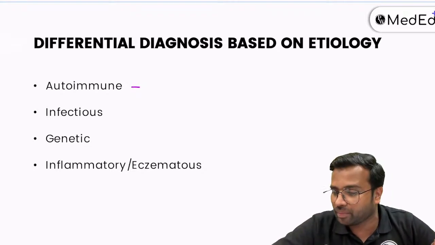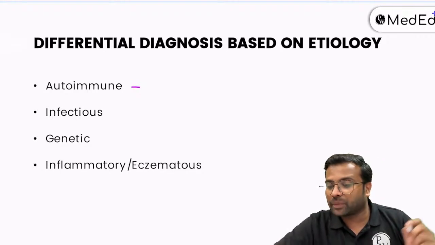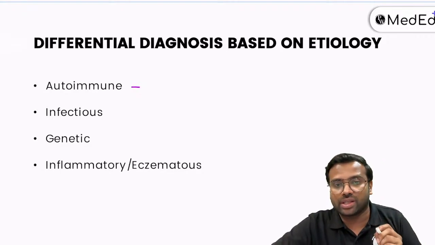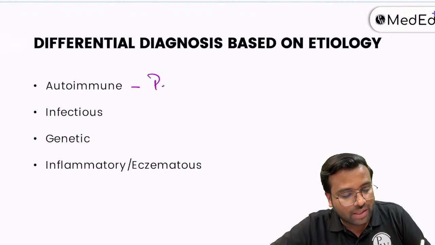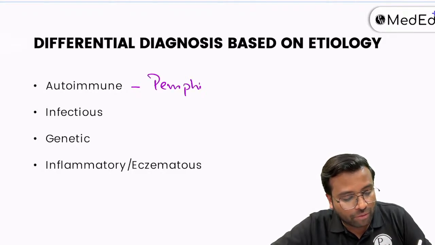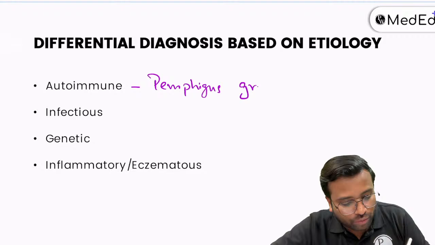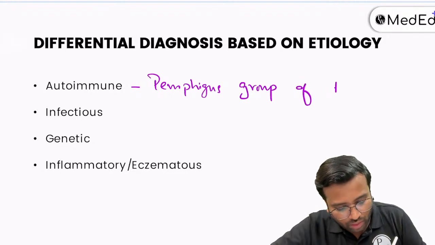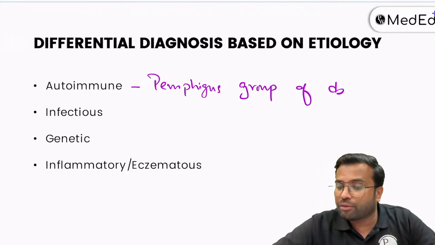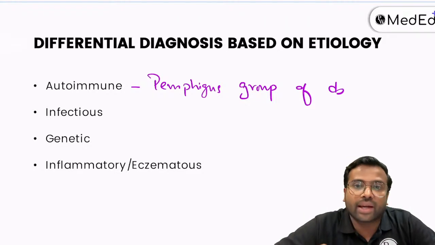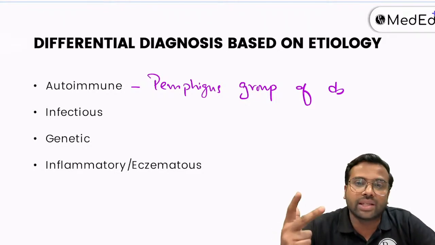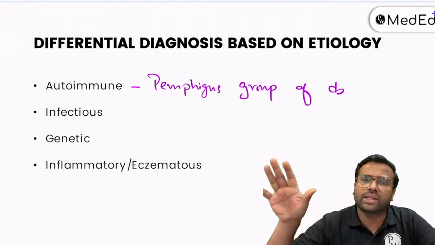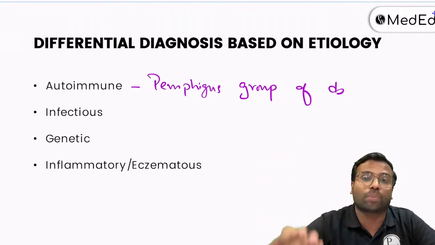Some of the examples can be the pemphigus group of diseases: pemphigus vulgaris, pemphigus foliaceus, IgA pemphigus. All these come under the pemphigus group of diseases.